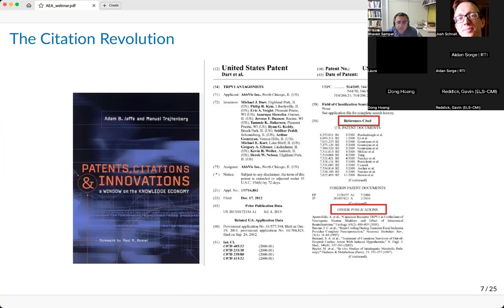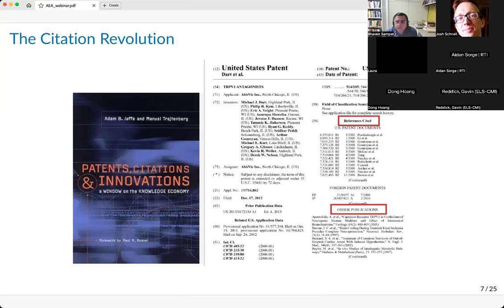And if the patent issues, then this prior art is listed in the references cited section of the patent document.